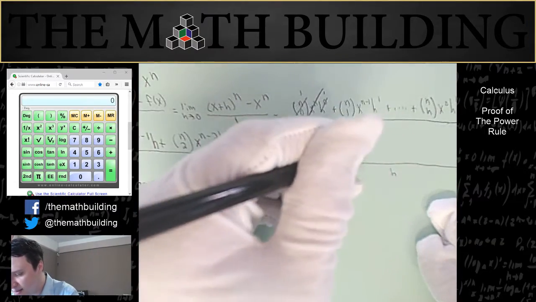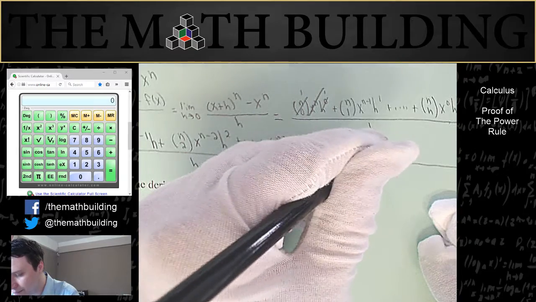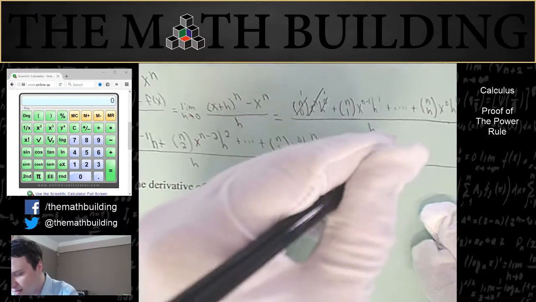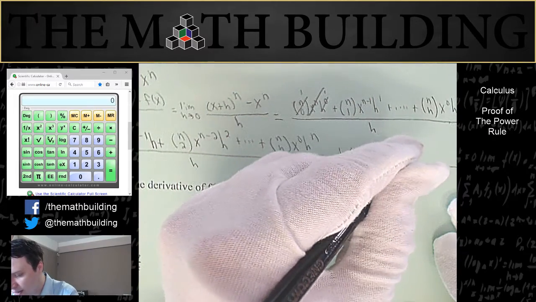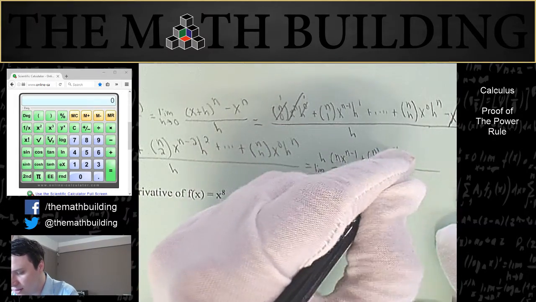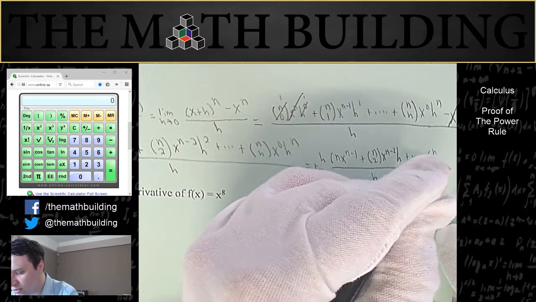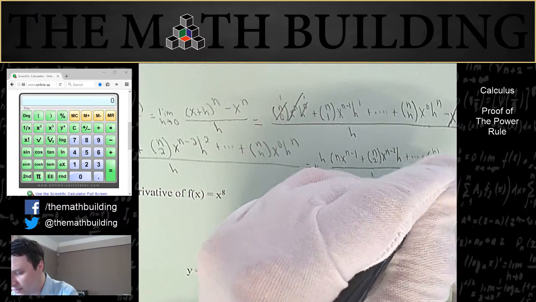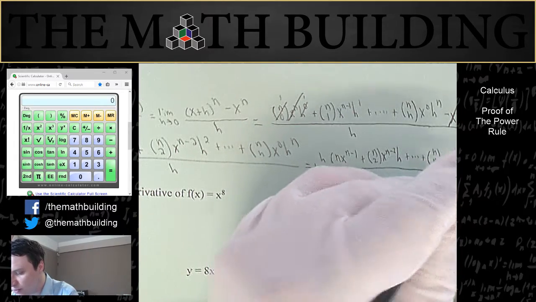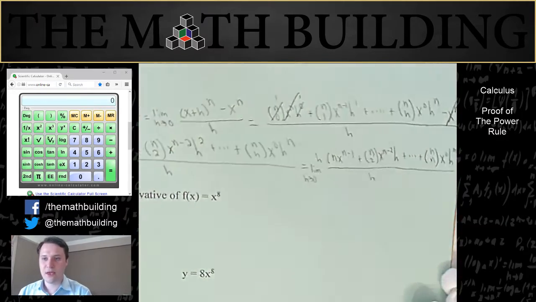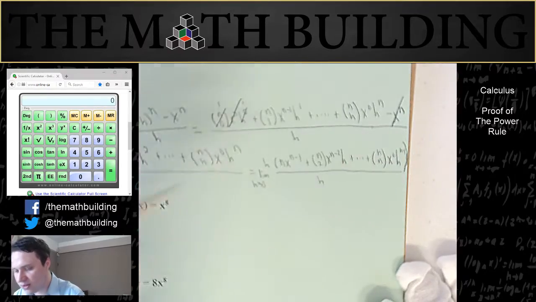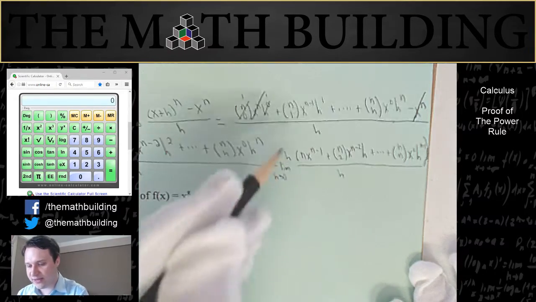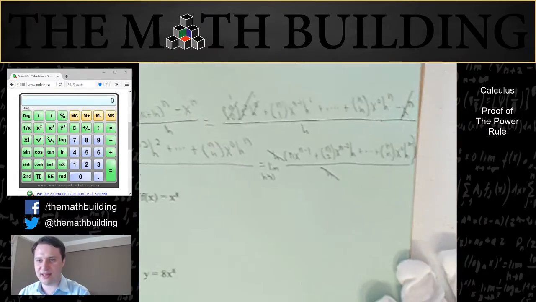I get n x to the n minus 1, plus n choose 2, x to the n minus 2, h, and so on, all the way to n choose n, x to the 0, h to the n minus 1. I just factored out an h, so I can cancel that h right here before I take the limit.